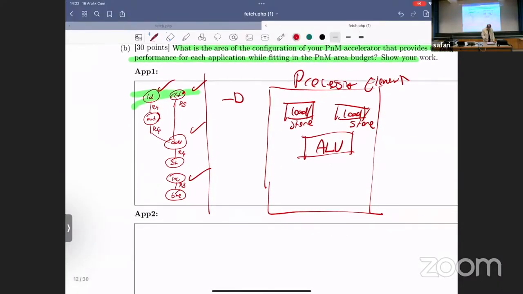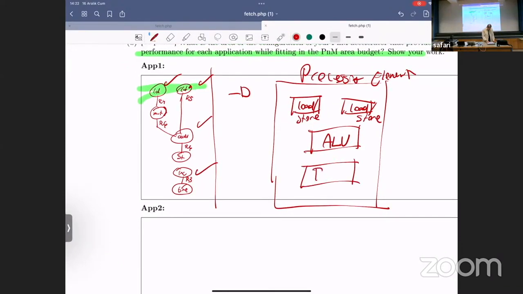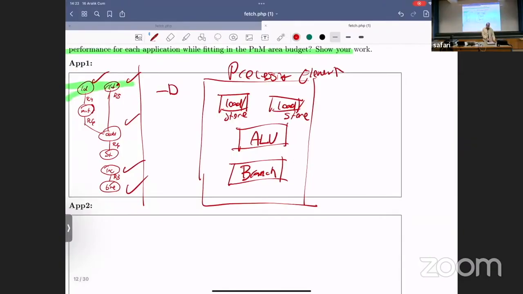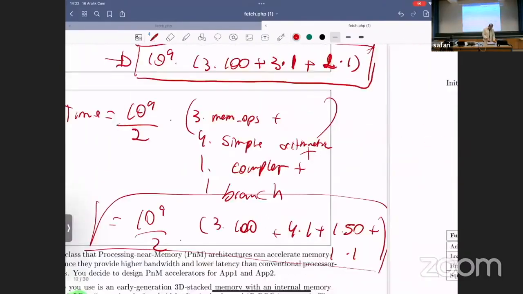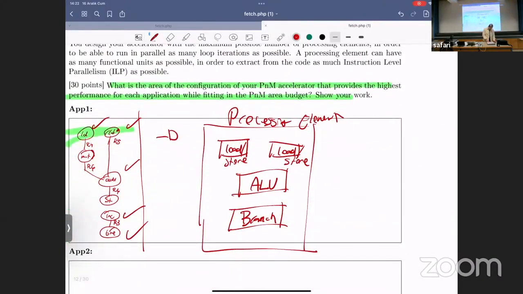Okay. So the ALU here, and the branch unit that you are missing. And then that is done. So all of those four here. Then you check the area of each one of them. If I'm not mistaken, the area of a single processing element array is 4 millimeters squared. Your area budget is 100 millimeters squared.